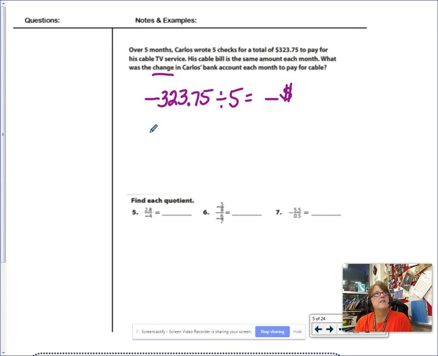Now off to the side, simply go ahead, just use the absolute values, in other words, 323.75, and divide by 5. And yes, do this the old-fashioned way. 5 can't go into 3, but it can go into 32. Oops, put your decimal point up there right away.